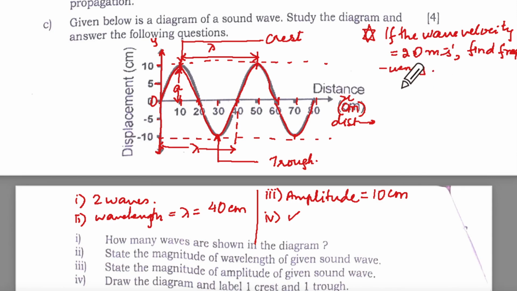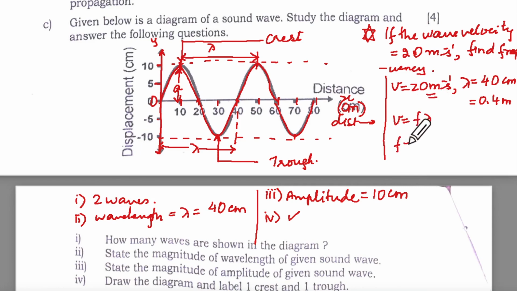So what will you write? V equal to 20 meter per second, and wavelength is what? Lambda means how much is it? 40 centimeter, which means if I want SI units, meter, this will be 0.4 meter. Do you agree with that? Yes. What is the relation between V, f and lambda?